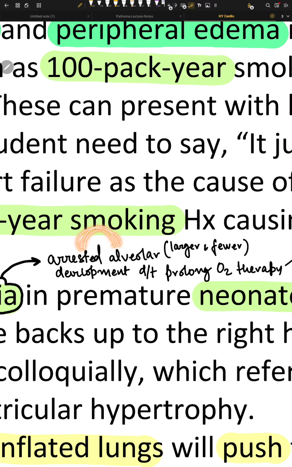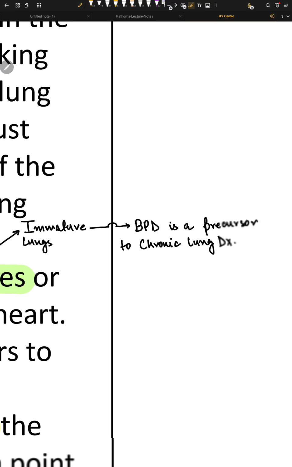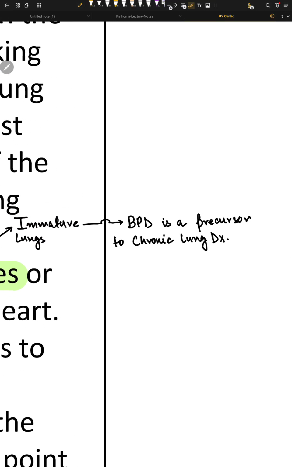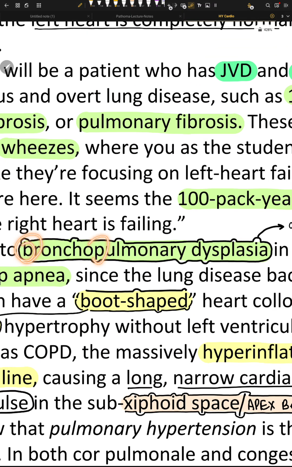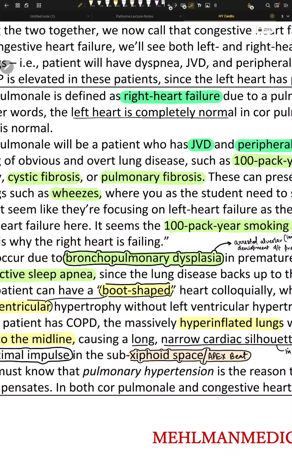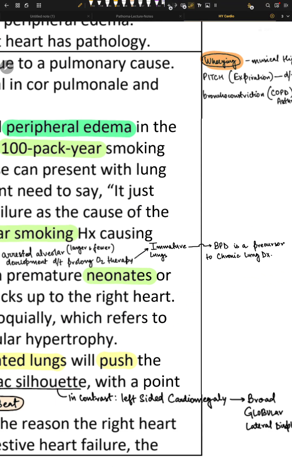Oxygen therapy. And once their lungs are getting exposed to oxygen again and again, these immature lungs will develop something called BPD. What is BPD? BPD, bronchopulmonary dysplasia. Now they will have bronchopulmonary dysplasia as a precursor to the chronic lung disease they have.